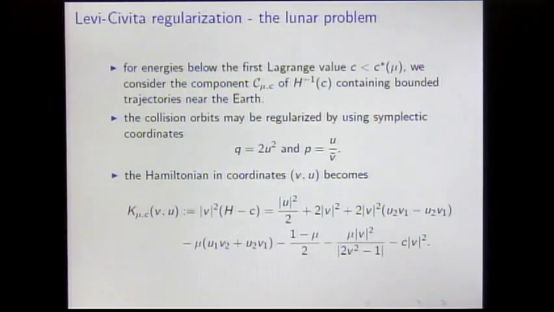To do this regularization, instead of using the coordinates Q and P, we change to U and V. Okay? And there is this nice formula, which is a symplectic change of coordinates. We can consider the Hamiltonian written in this way, with a term multiplying just to slow down the orbits which are colliding.